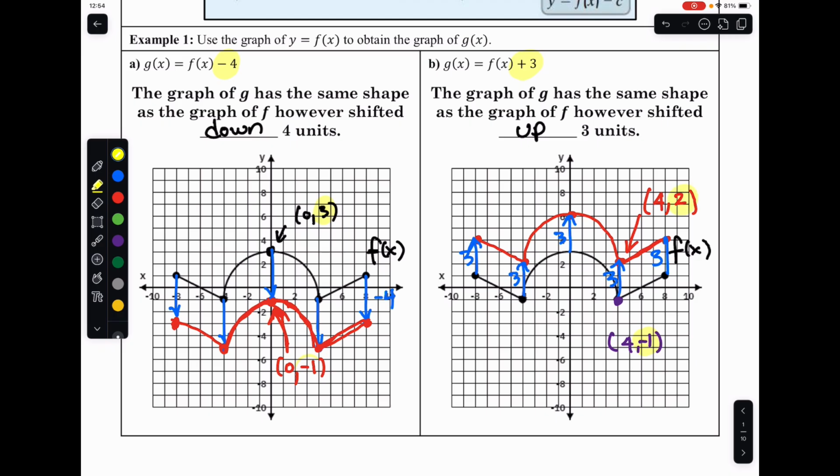And if I look at all the other points, you'll see that the exact same thing happens to every single y value. We're simply adding or subtracting this number to the corresponding y values, and that's where the new coordinate is going to be. So you can use that if we need to do this, let's say in terms of a graph, like in the next page.